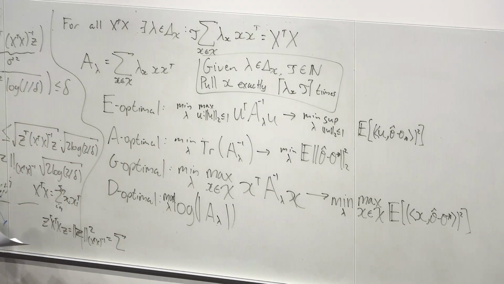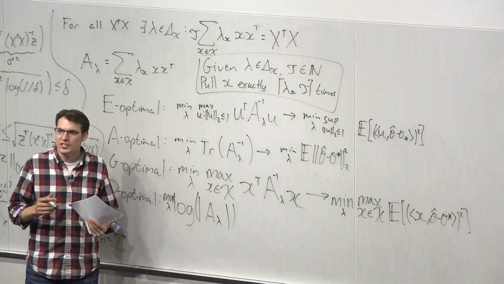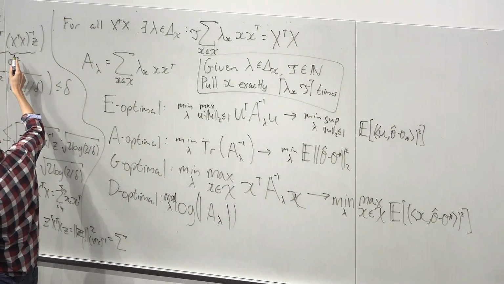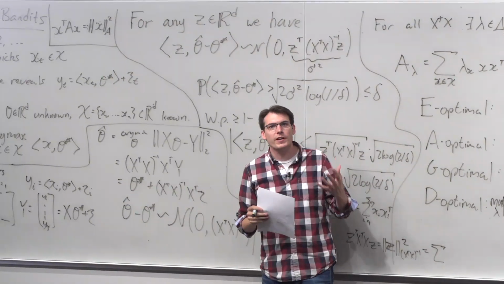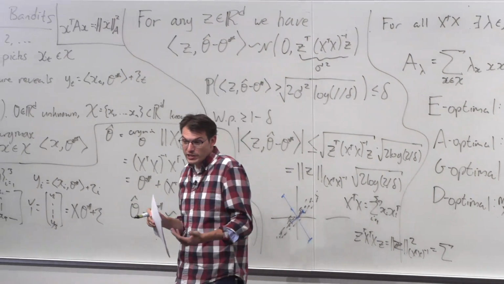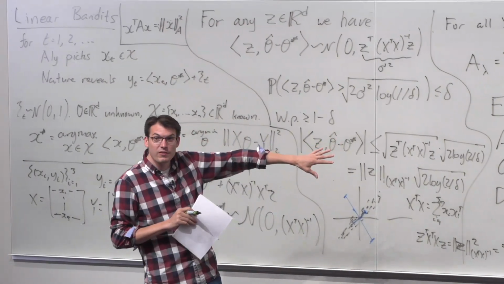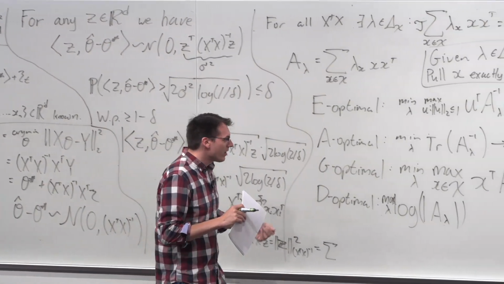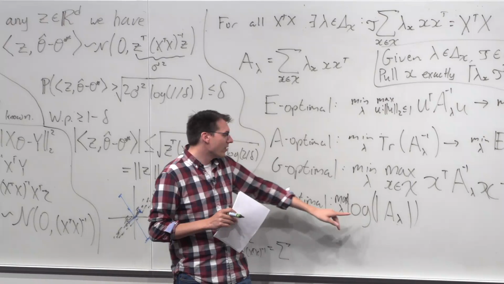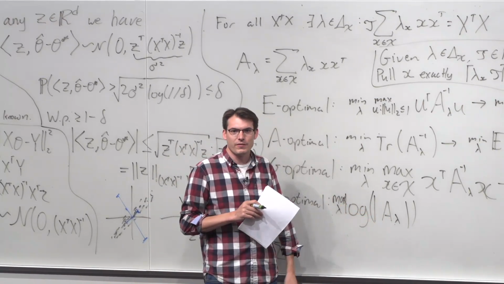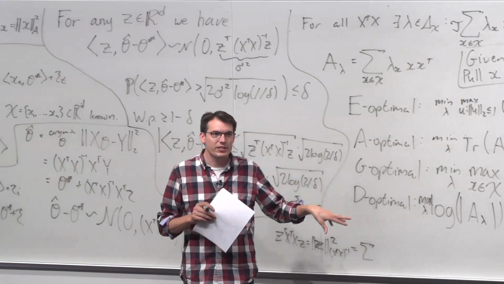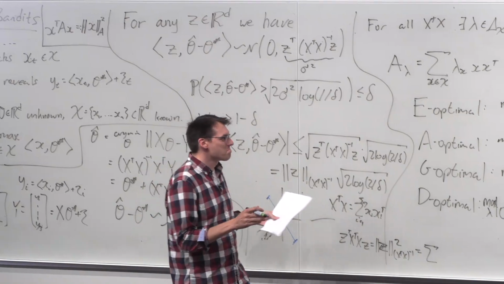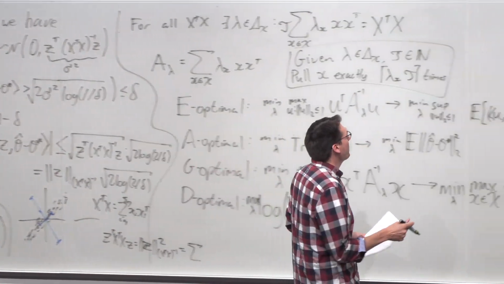And where this comes from is, if you think about the Gaussian density, we said that theta hat is equal to this guy, and basically the covariance of theta hat minus theta star is equal to x transpose x inverse, which is equal to A of lambda inverse. And if you compute the entropy of that distribution, it is exactly log det of A of lambda inverse. And so your D-optimal design is the equivalent of choosing your measurements in order to minimize the entropy of theta hat. Pretty intuitive thing. OK.